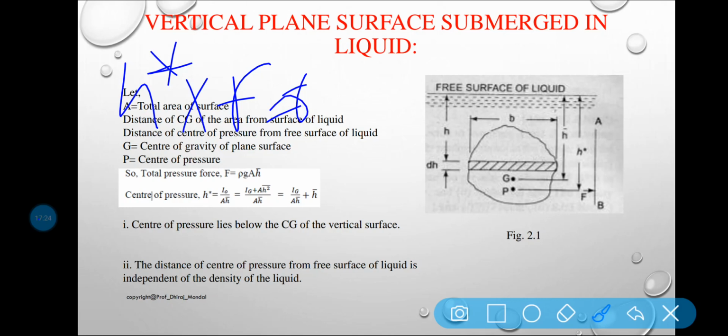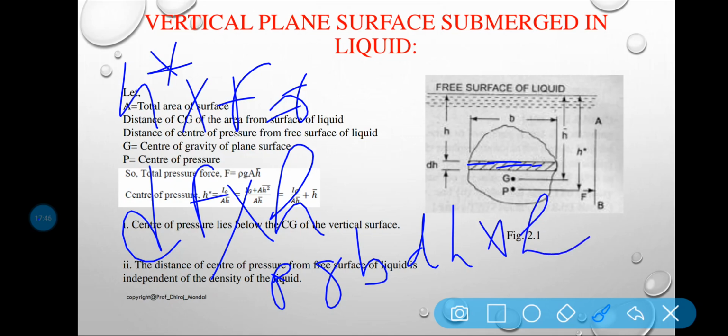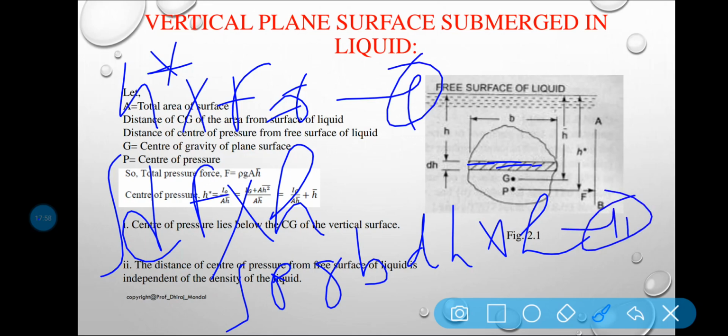Now the moment of the force dF on the small strip is force into perpendicular distance H, and dF is equal to rho g B dH into H. If I integrate dF into H, we get the total moment, and mathematically equation 1 is equal to equation 2.